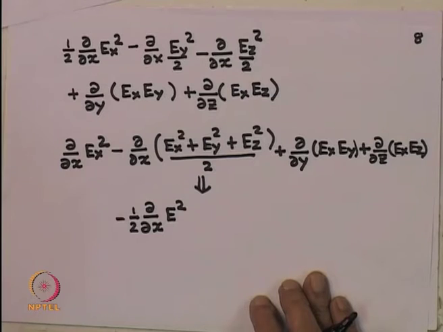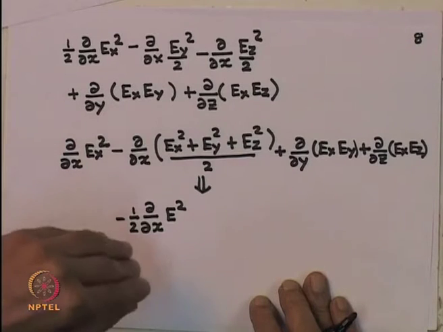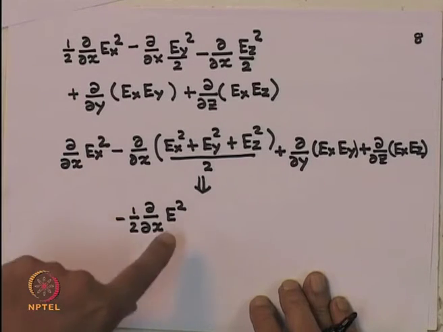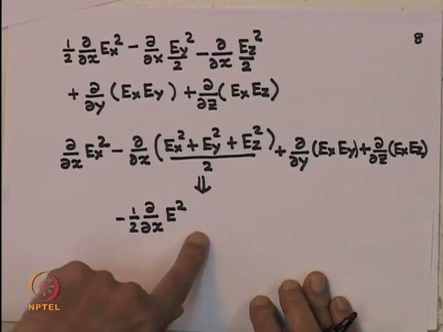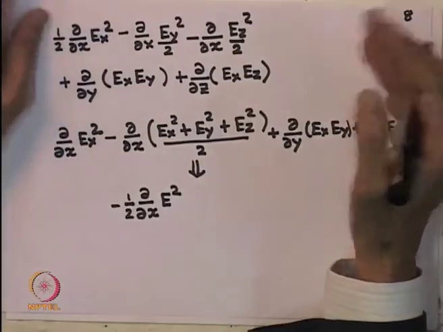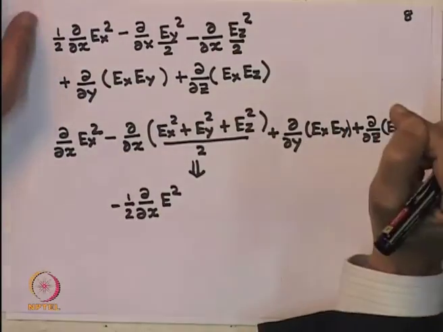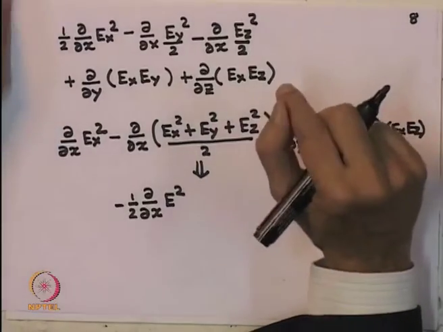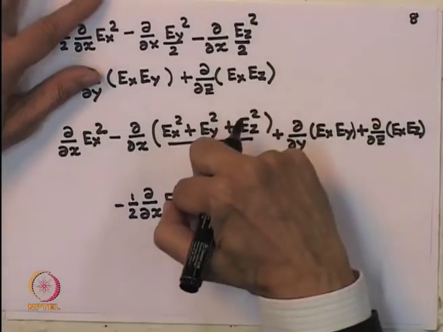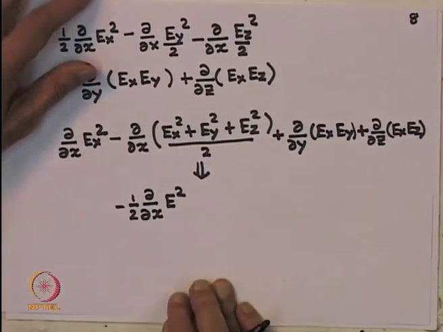There was an epsilon 0 in front of it, and since the magnetic field is identical, you are going to get a minus gradient of the total energy density there, because you have an energy density and you are looking for a gradient of that. So, this term will give you the energy density term.